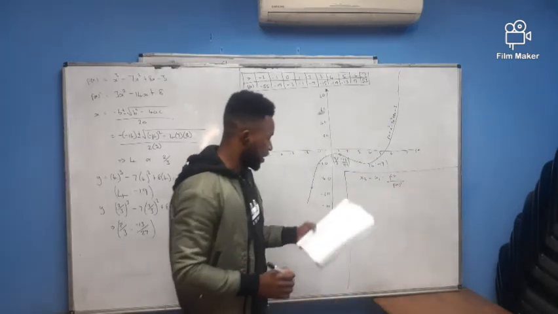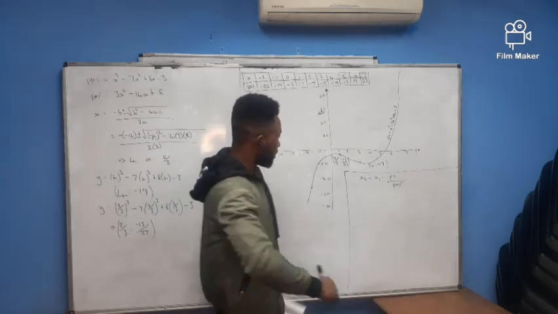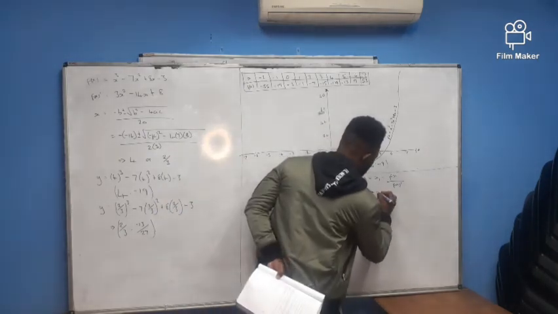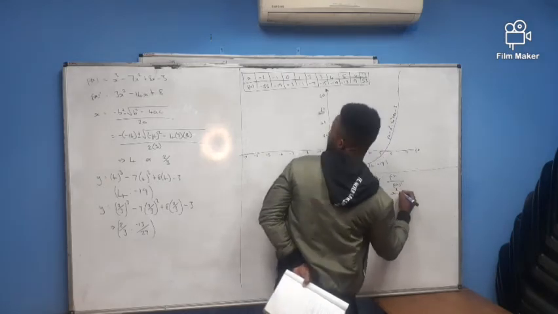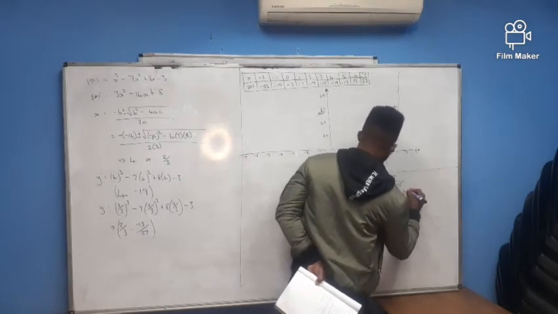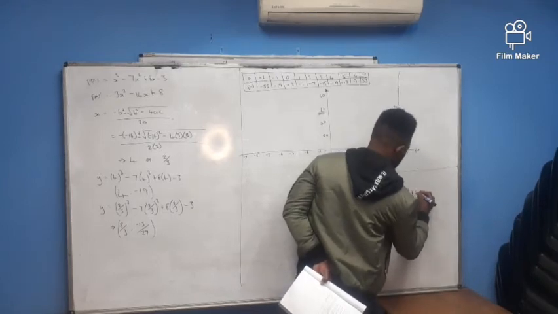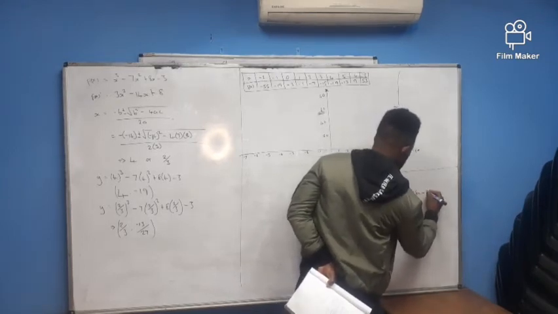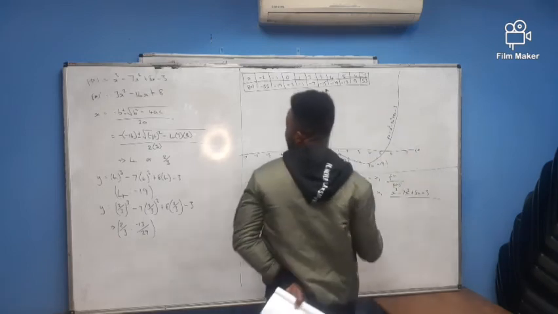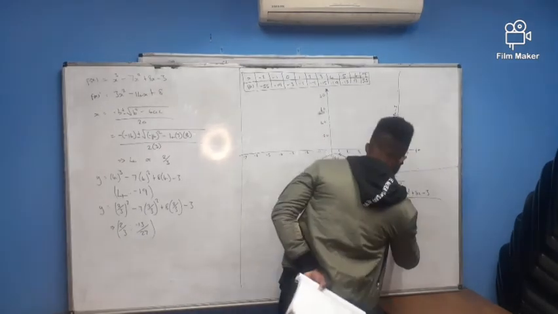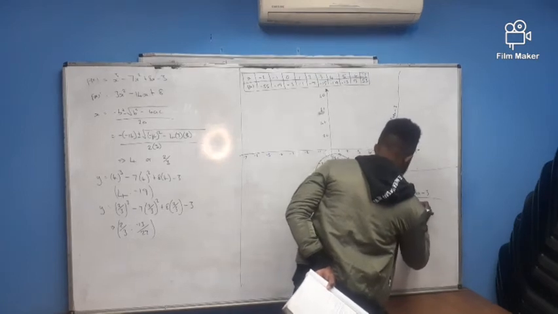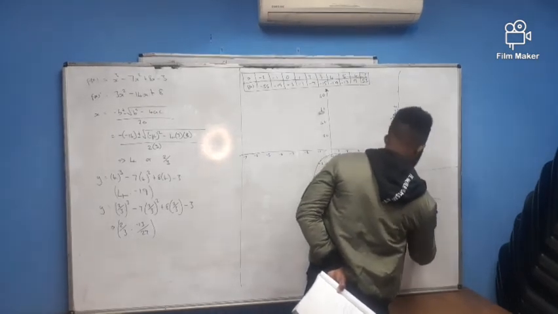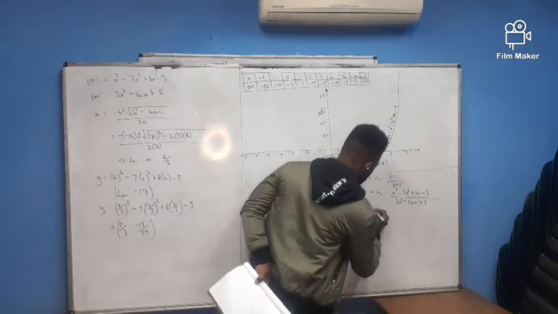So now they gave you the range, which is close to 5. So this is x1 minus my original equation, which is x to the power 3 minus 7x squared plus 8x minus 3, divided by the derivative. What is my derivative? It is 3x squared minus 14x plus 8.